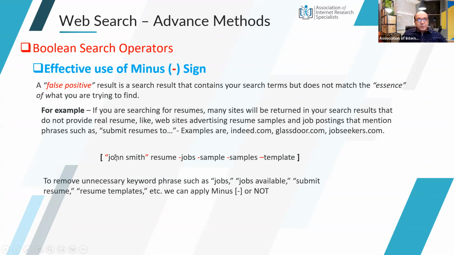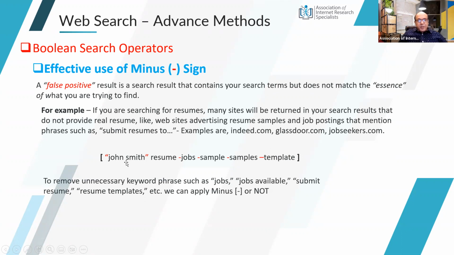As an example, what does false positive mean? It is explained briefly in these wordings. It is saying that search terms match, but do not match the essence of what you are trying to find. So still not as easy to explain, but better to look at this example right here.